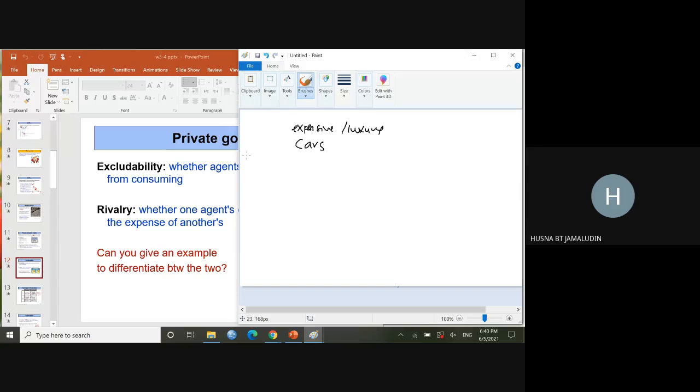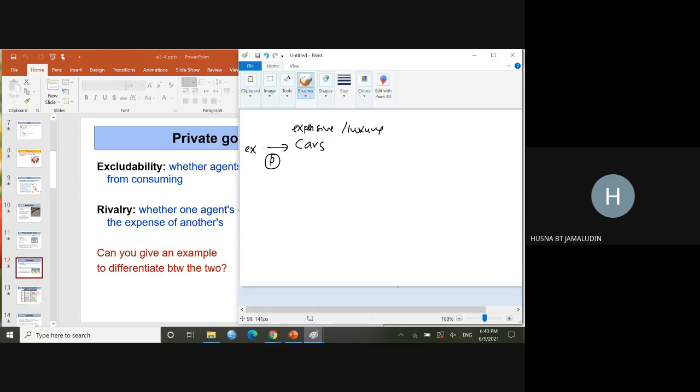So excludability means that because the price of this car is so high, it excludes many people, especially poor people, from purchasing it. So a private car has the characteristic of excluding people from consuming it because of its price.